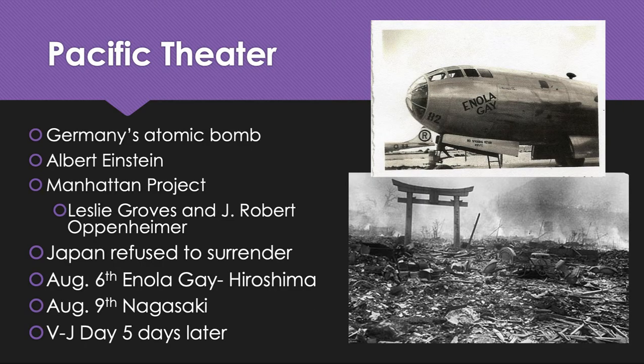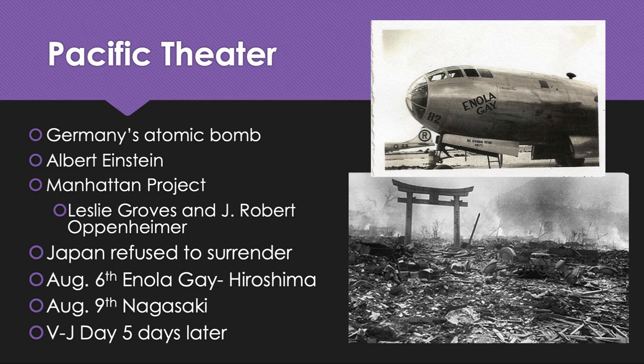In the Pacific Theater, we are also going to have to talk about the dropping of the bomb. Germany had been designing their own atomic bomb, which is going to put the United States in a position to have to come up with their own.